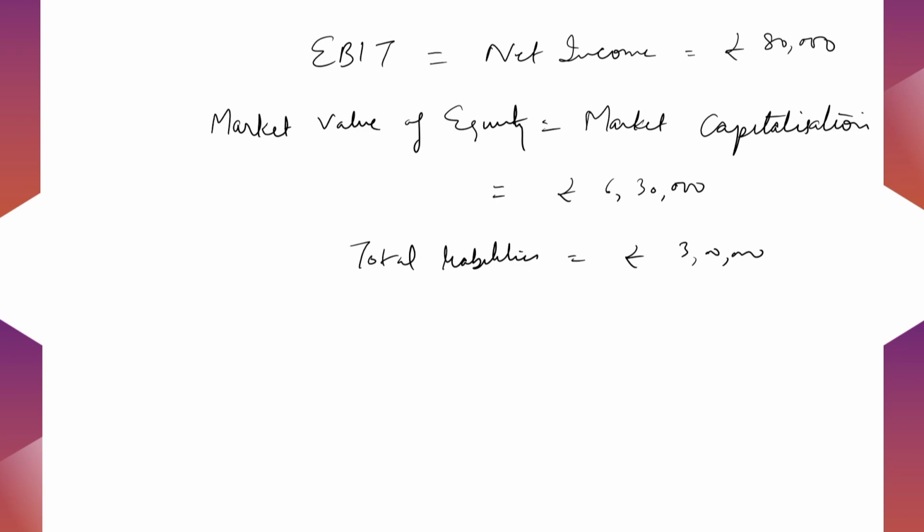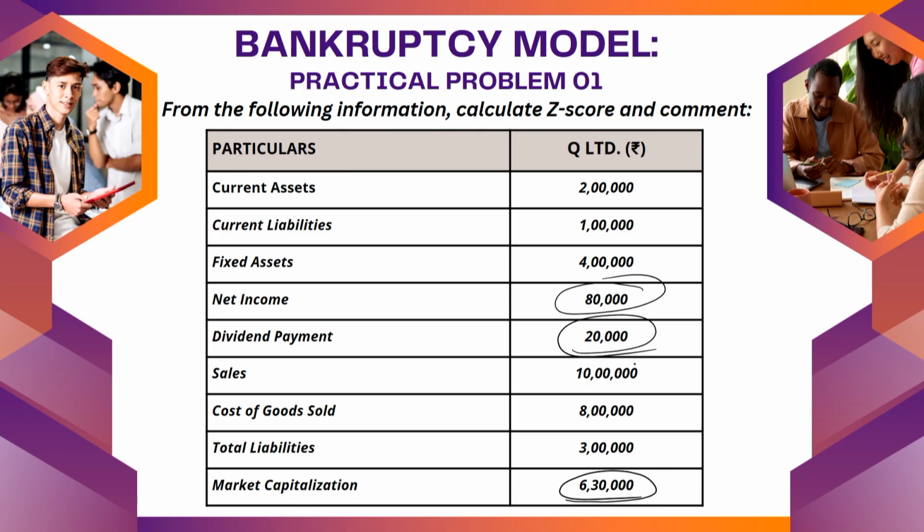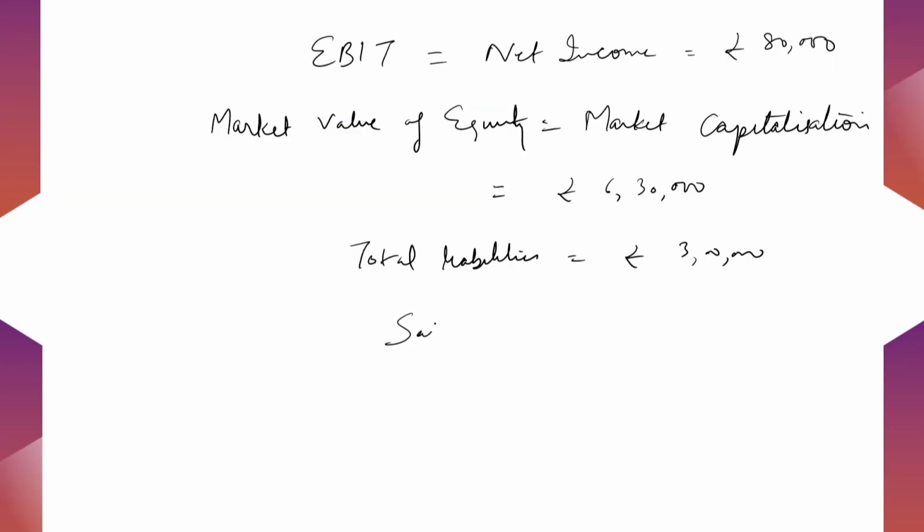This is the liabilities to outsiders. We are also given the figure of sales in the question, which is 10 lakh rupees.